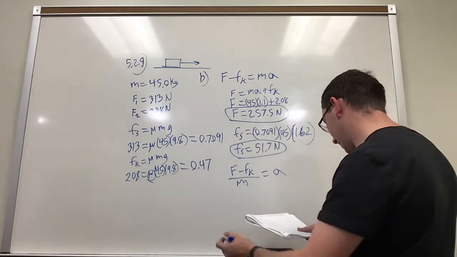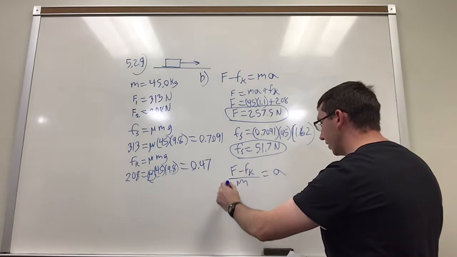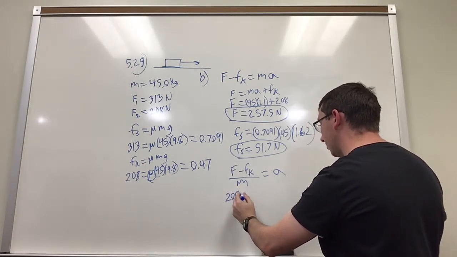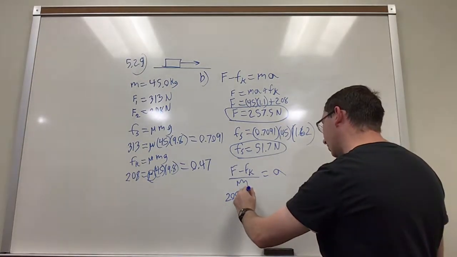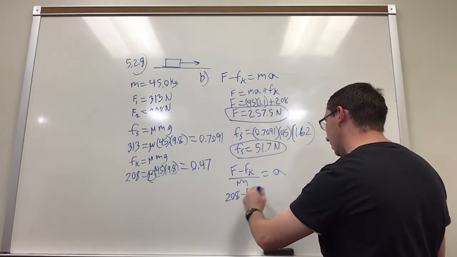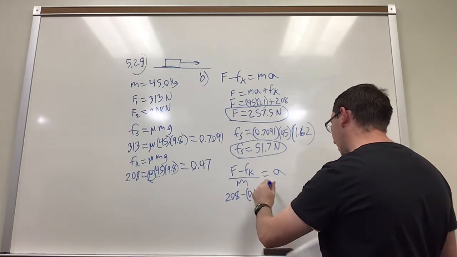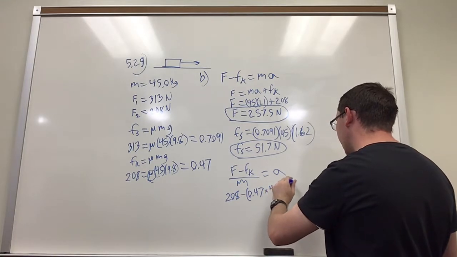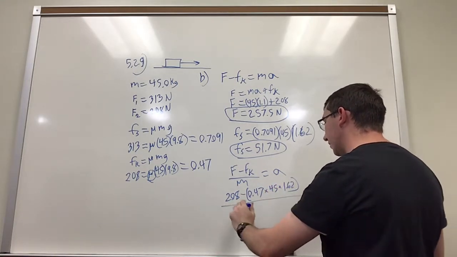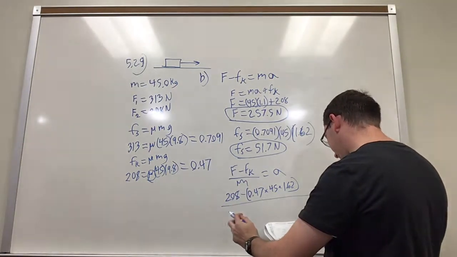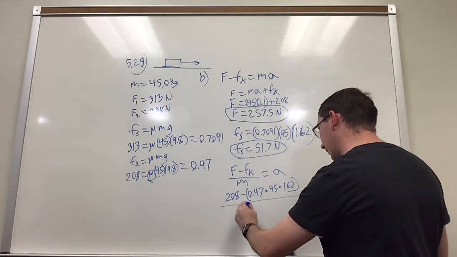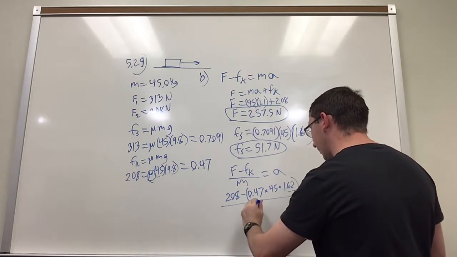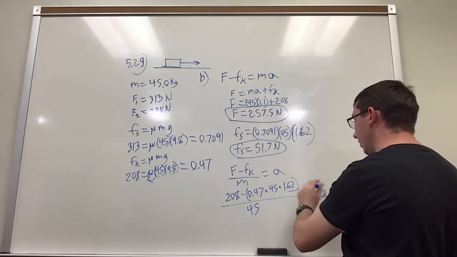And so when you plug the variables in, 52.8 minus 0.47 times 45 times 1.62, all of that divided by 45, will give you the acceleration.